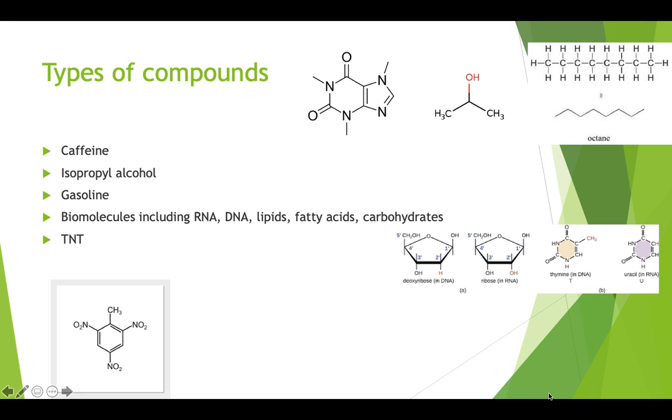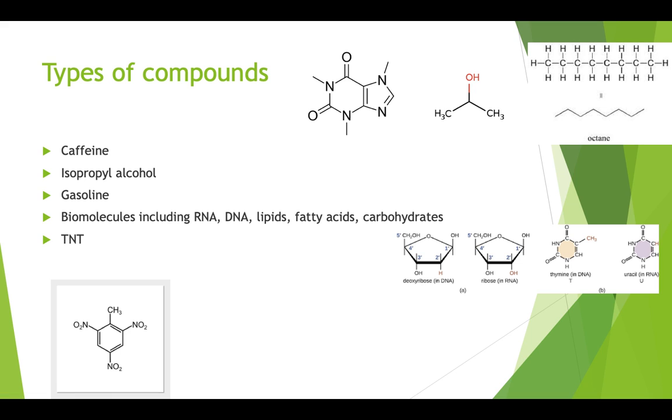So, in this slide, I have a few compounds to try and give you an idea of what I'm talking about. The first one on the list is caffeine, and that's this molecule here with the oxygens and nitrogens. And you can see this is quite complex, but there is a systematic way of naming it.